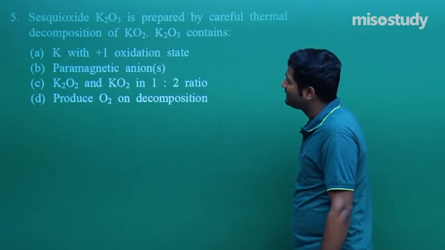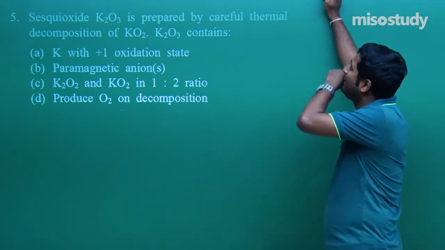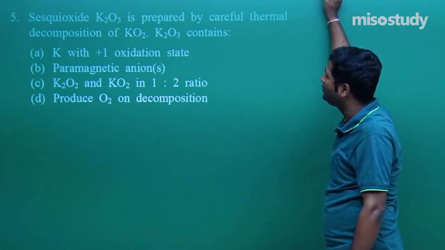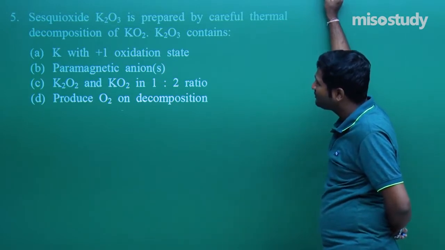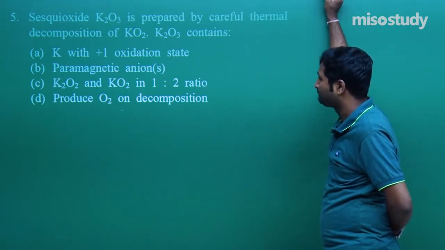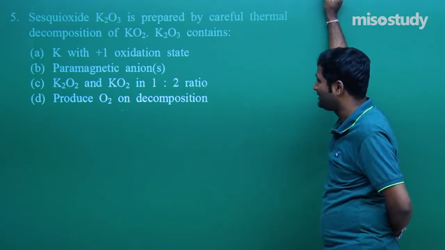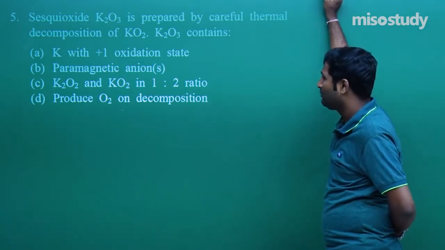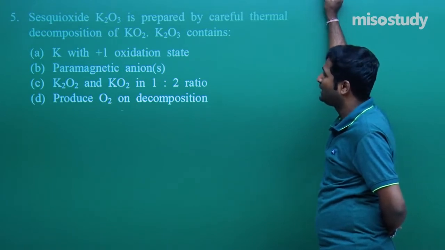The next question is: sesquioxide K2O3 is prepared by careful thermal decomposition of KO2 into K2O3. It contains potassium in +1 oxidation state. Definitely that is a superoxide, and there is a paramagnetic anion also, and K2O2 and KO2 in 1:2 ratio. Decomposition produces O2.